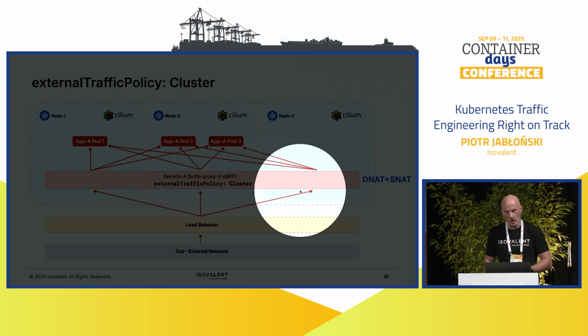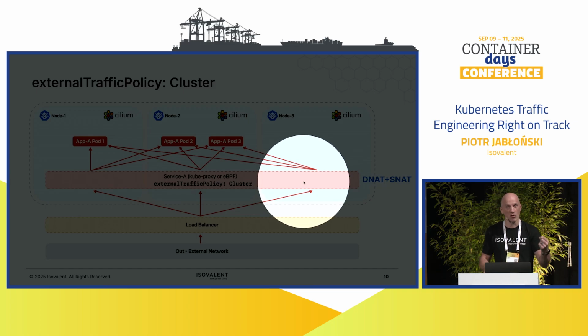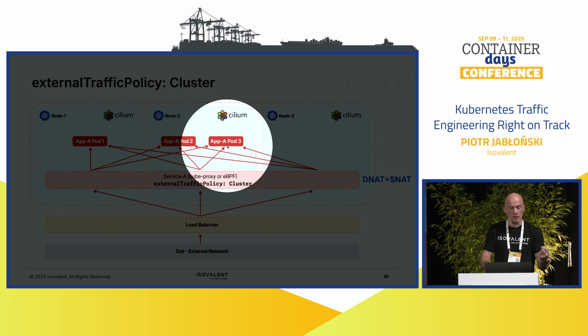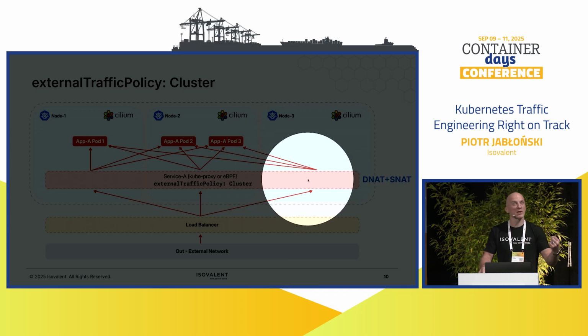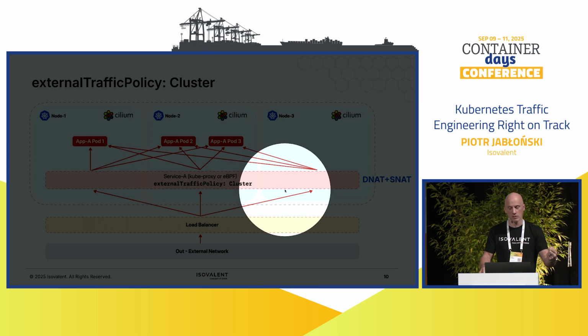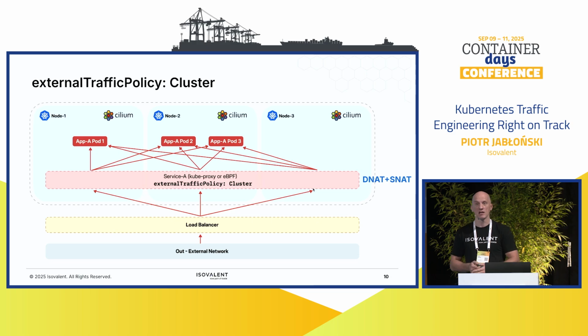Once the packet comes in to node number 3, and there is a translation of the destination IP address and the source, then the packet reaches pod number 3, and the return traffic is sent back to the same node, so we can expect the proper reverse NAT. So destination NAT and SNAT create entries in the conntrack table, and the return packet can be properly translated.